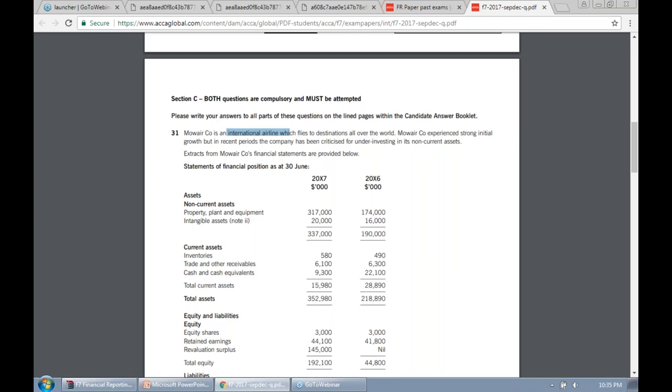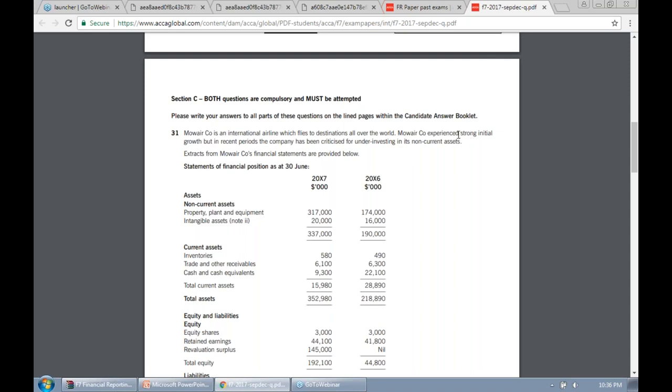An airline company has to purchase a very expensive non-current asset, that is, aircraft. They incur a lot of expenses to maintain the aircraft. They have to hire very professional management, and they charge a large amount for airfares. They incur expenditures to improve the interior cabin facilities and so on. So this is the basic knowledge of an airline.